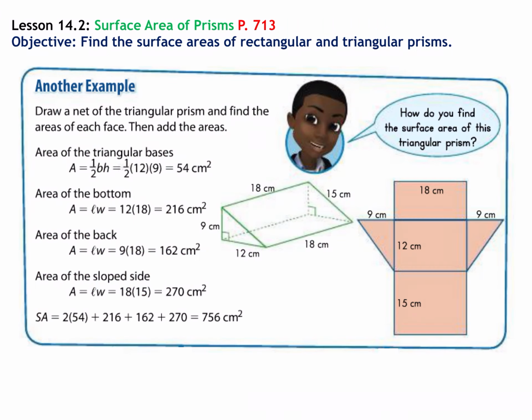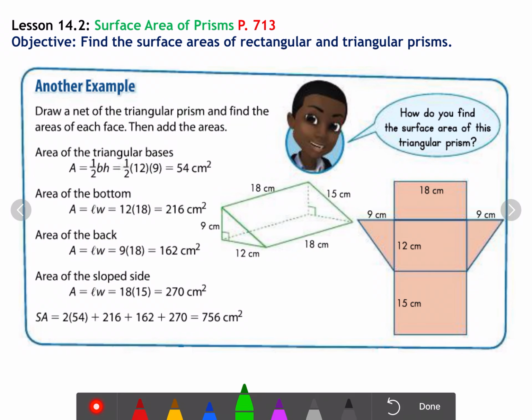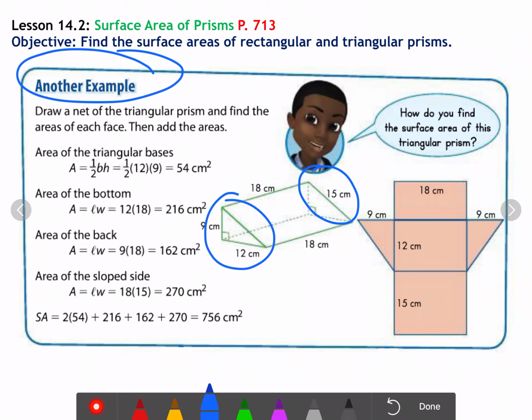Now let me show you another example, but this example is about a triangular prism. Here it's different, because in this case we have 2 triangles and 3 rectangles. After we make a net, here we don't have a formula, so we need to find the area of each rectangle and each triangle.